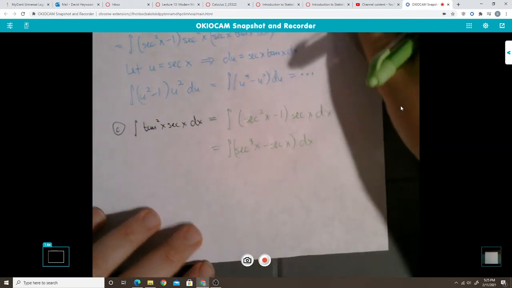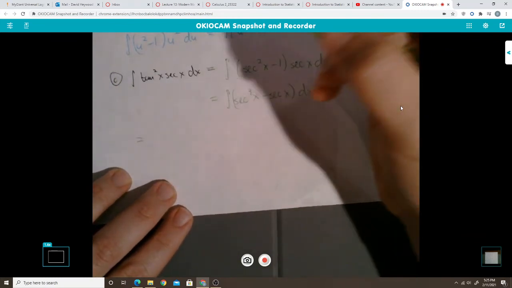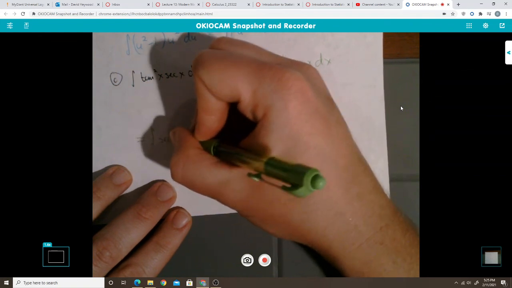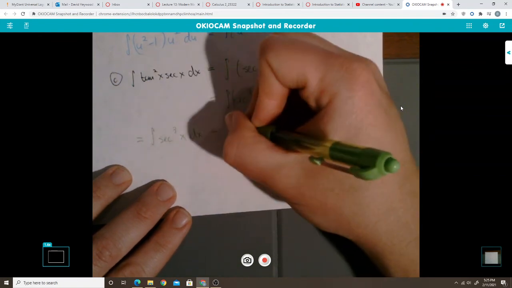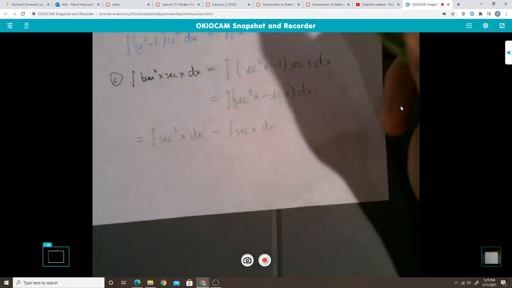You can split that integral. I'm going to run out of space unless I make the next line bigger. So I'm going to say this is secant cubed x dx minus secant x dx.